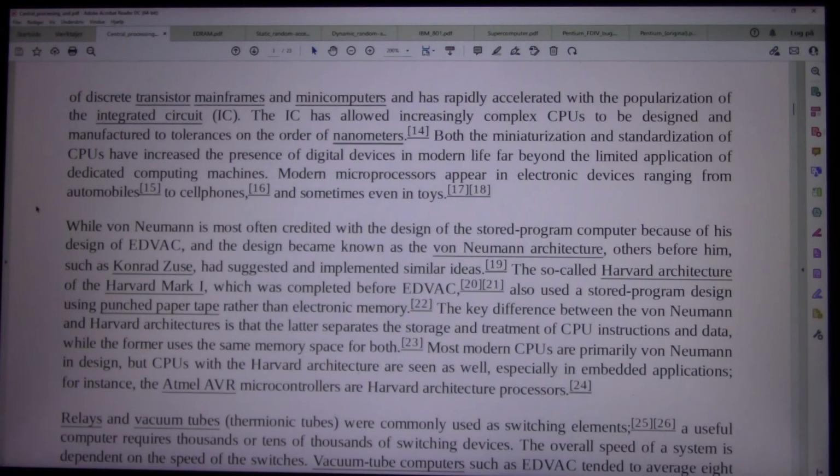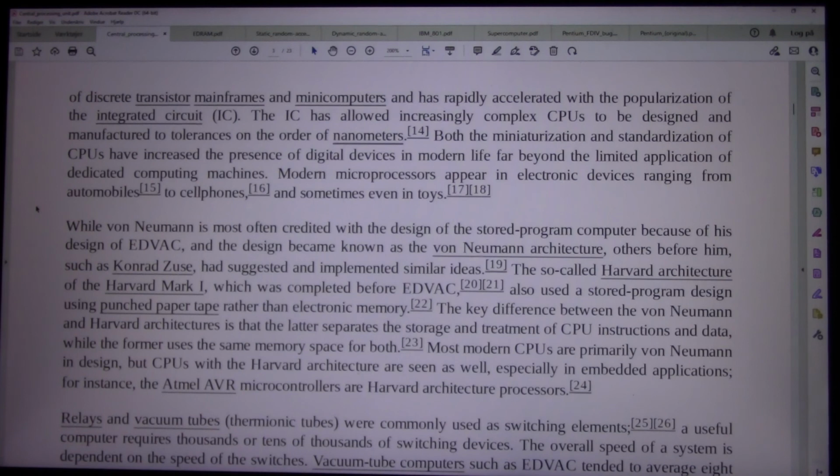Both the miniaturization and standardization of CPUs have increased the presence of digital devices in modern life far beyond the limited application of dedicated computing machines. Modern microprocessors appear in electronic devices ranging from automobiles to cell phones, and sometimes even in toys.